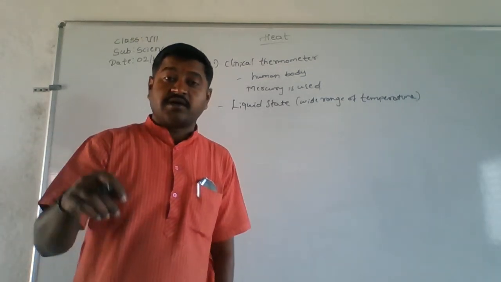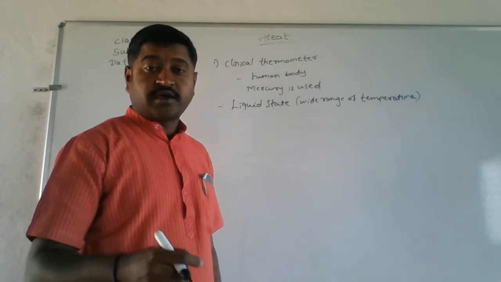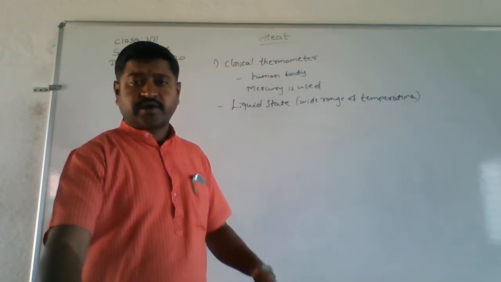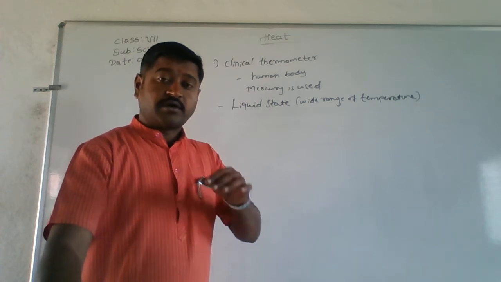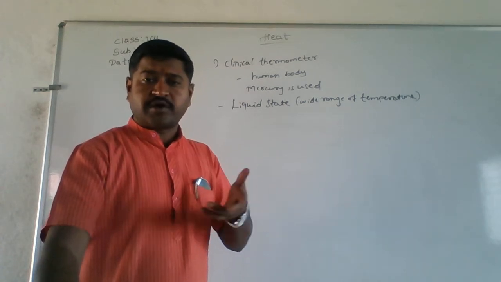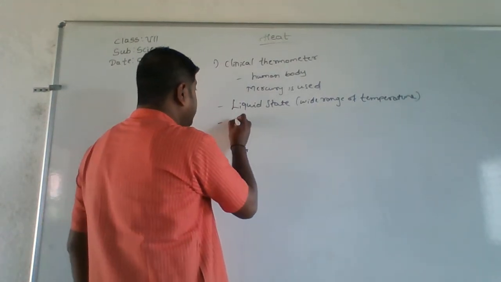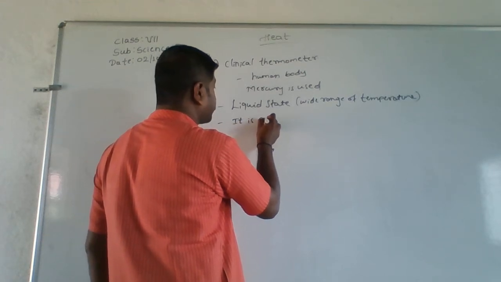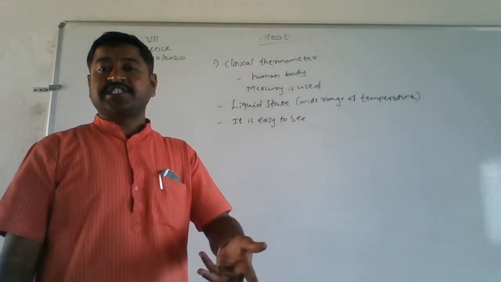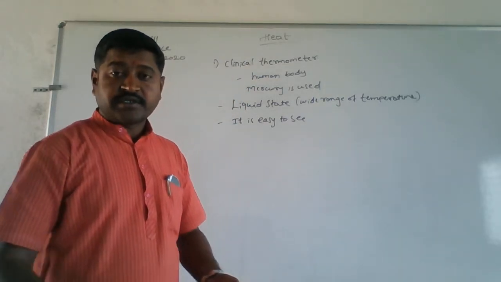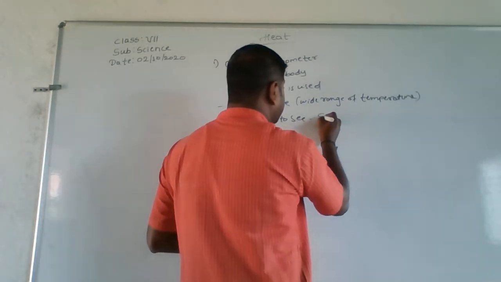It is going to stay in liquid state itself. That is the reason mercury is used in thermometers. Whatever may be the temperature, before its boiling point, it is always going to be in liquid state only. And then it is easy to see, easily visible because of its silvery grey color.